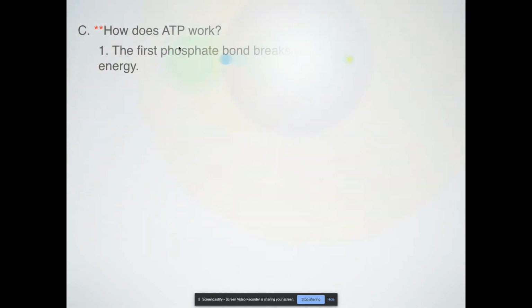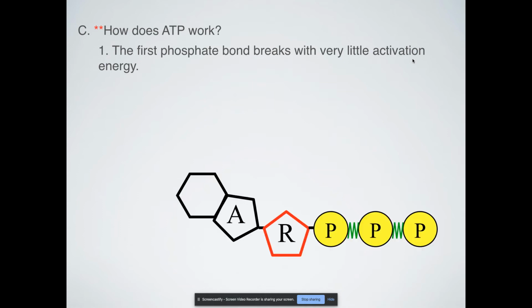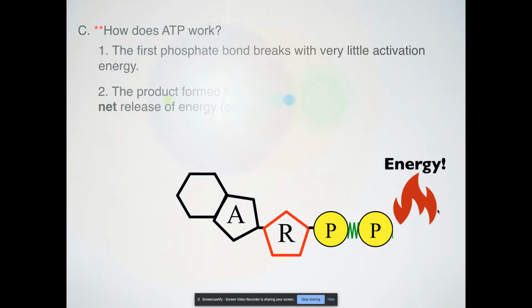How does ATP work? Well, the first phosphate bond breaks. So that little bond, those three little circles, the first phosphate bond breaks with very, very little activation energy. And remember that activation energy determines how likely a reaction is to occur. So this is the one we're talking about, by the way, when I say first phosphate, not the one that's attached to the ribose sugar. When it does that, energy is released, right?